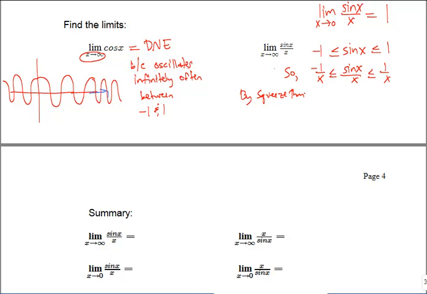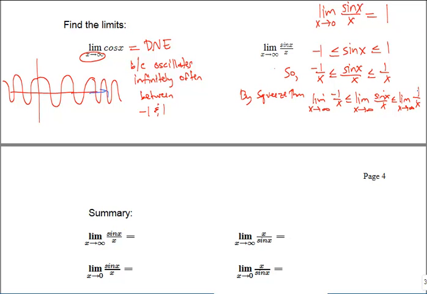what we can now do is take the limit of each of these three pieces. So the limit as x goes to infinity of -1 over x should be less than or equal to the limit as x goes to infinity of sine x over x, which is less than or equal to the limit as x goes to infinity of 1 over x. And what do we know about the limit of 1 over x as x goes to infinity?